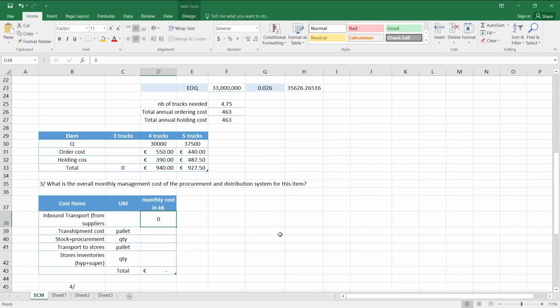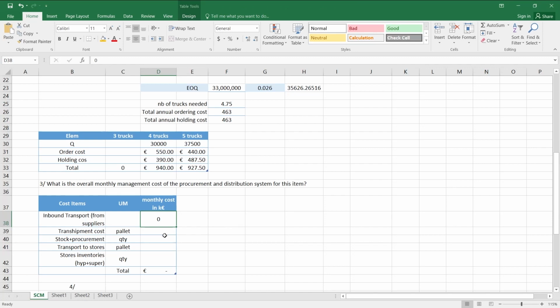So here for the first cost item, related to the inbound transport from the suppliers F to our central warehouse C, since it has been said that this transport is free of charge, we have assumed that the logistics manager has negotiated with the suppliers that if there are full trucks, then this cost element is not going to be billed to the company.